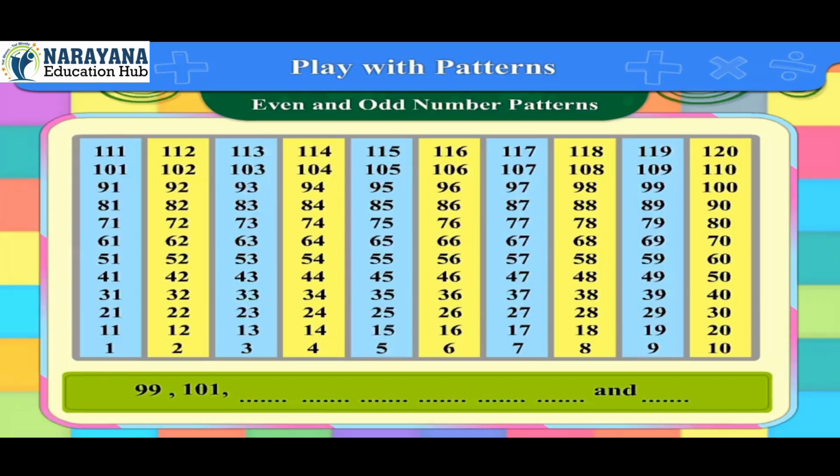Continue the pattern given below. 99, 101, then 103, then 105, then 107, then 109, then 111, then 113 and 115 comes.